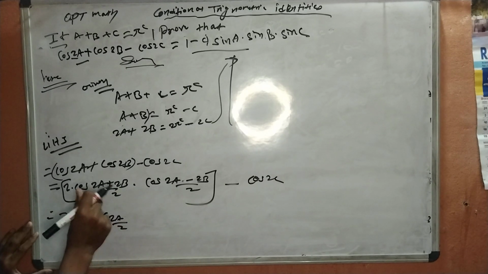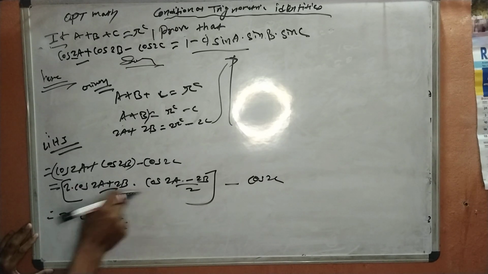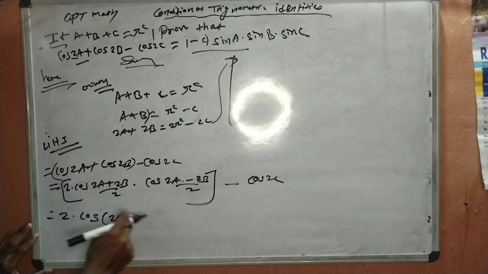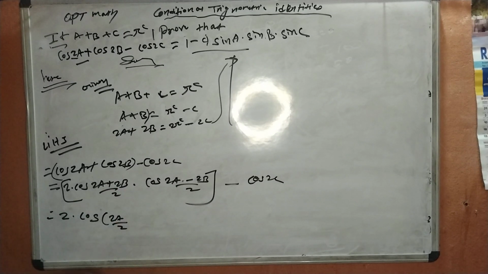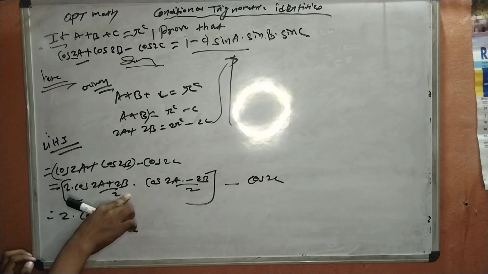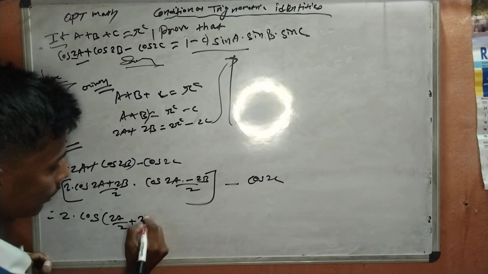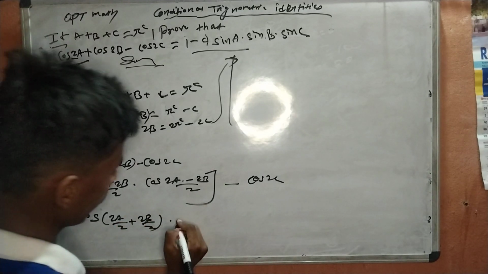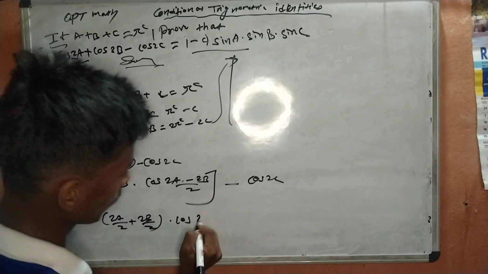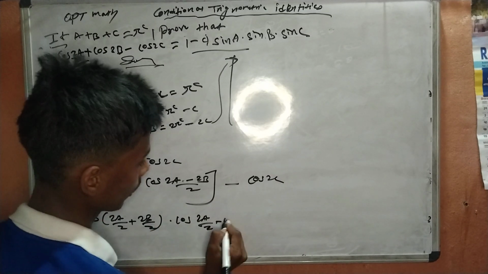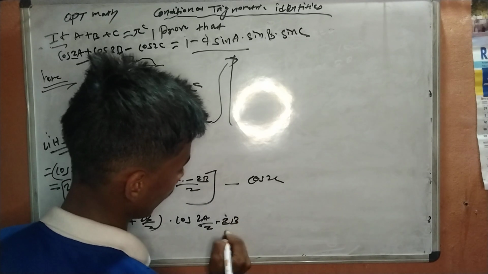If I separate 2A by 2 plus 2B by 2, and if I combine both again, taking common, the answer will be the same. So I write cos of 2A by 2 minus 2B by 2.